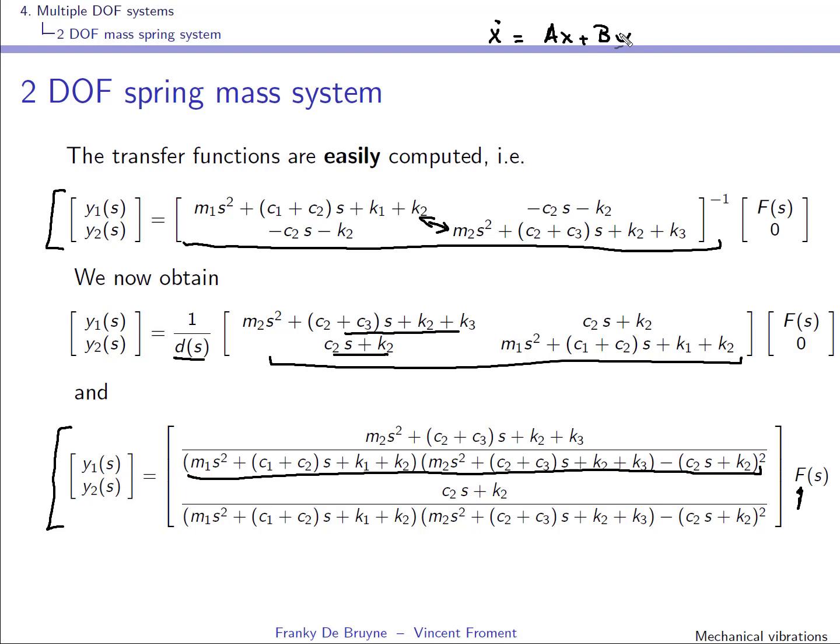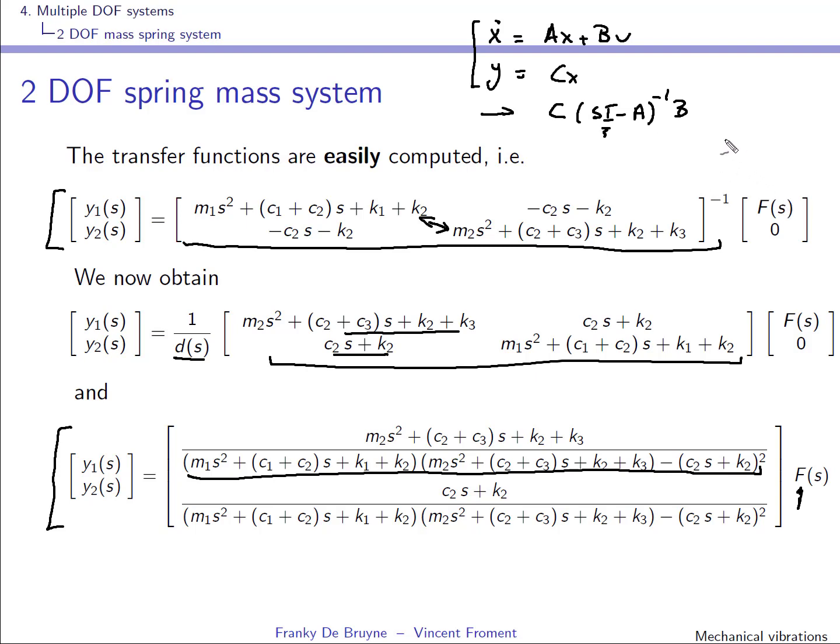You could have done things differently by taking this equation here. So this is a first order differential matrix equation, just as we have done in the course of state space, and then compute the transfer matrix by doing s E minus A inverse B. And here it's an identity matrix.